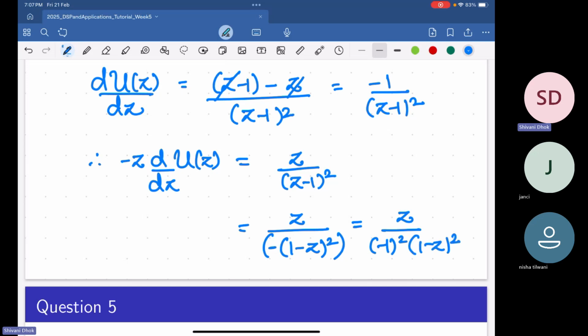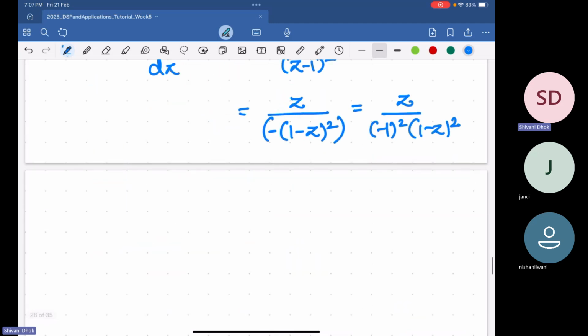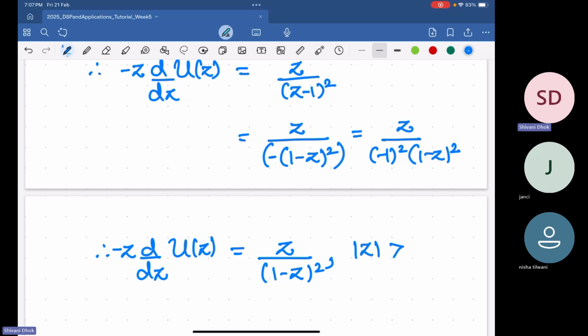This minus 1 square is again 1. So what we get is minus z into d/dz of U(z), which comes out as z upon (1 minus z) whole square, for mod of z greater than 1.